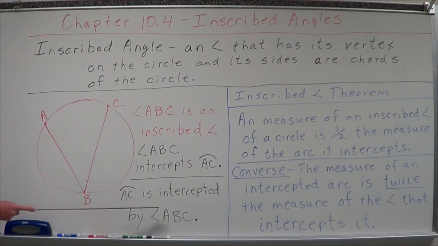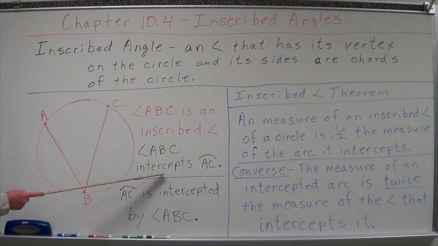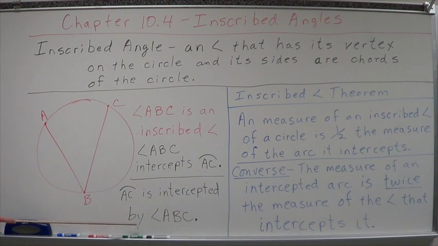It is created by the angle that intercepts it. So arc AC is intercepted on the circle by angle ABC. Intercepted. The circle is broken. It's stopped. Okay? So we can look at arc AC. This terminology is something you need to get familiar with. Angle ABC intercepts arc AC. Arc AC is intercepted by angle ABC.